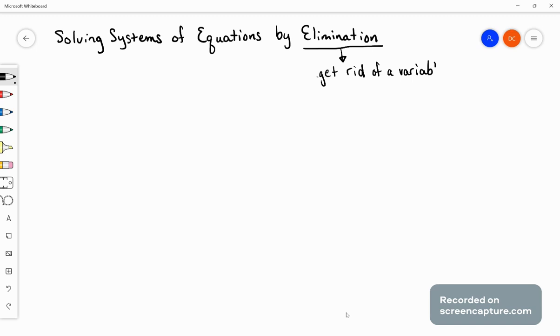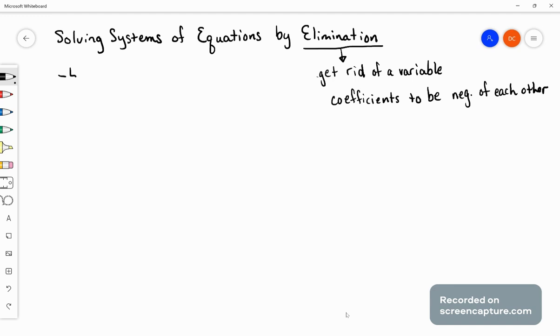We do that by getting the coefficients to be negatives of each other. Okay, so you might not be understanding that exact explanation. So let me just start with a nice simple equation.